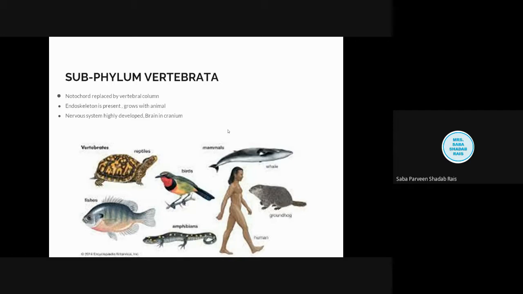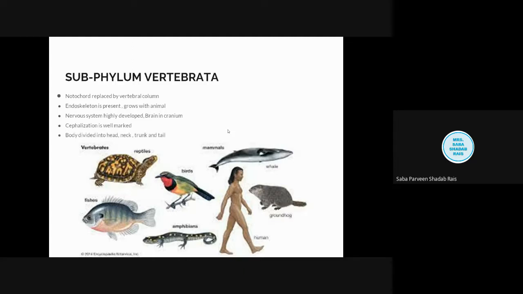When we talk about their nervous system, a highly developed nervous system will be there, and they have a brain, as the name says, craniata. For the proper brain there is a specific skeleton, called the cranium. That's why they are placed under the group craniata. Is that clear? So well marked cephalization is there.